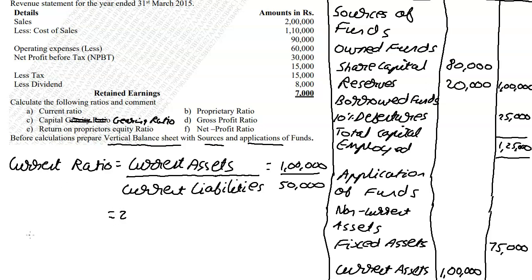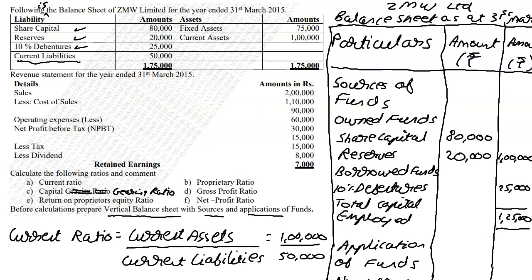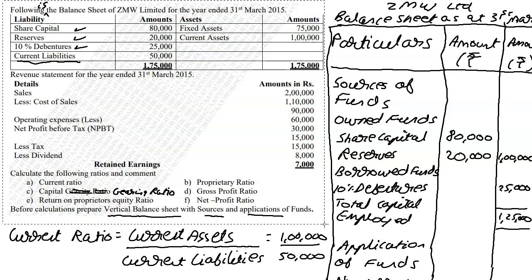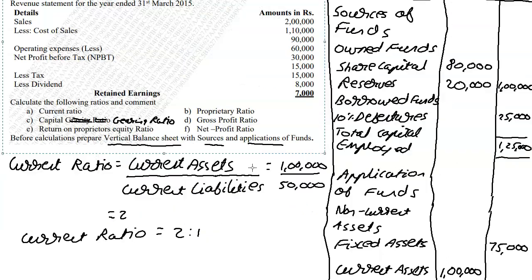Therefore, our current ratio is equal to 2:1. Okay, and I'm just going to make a copy of whatever we have here so that we can easily refer to it downstairs without scrolling up and down.